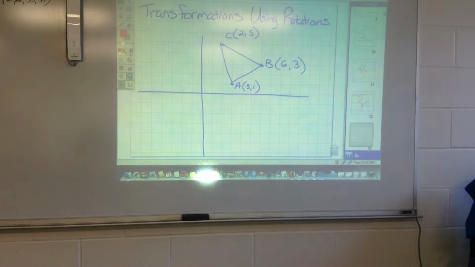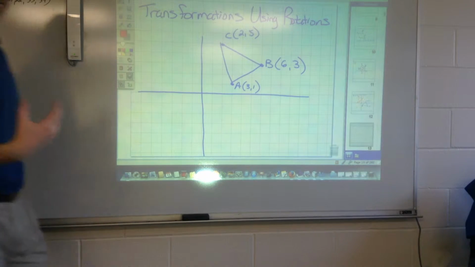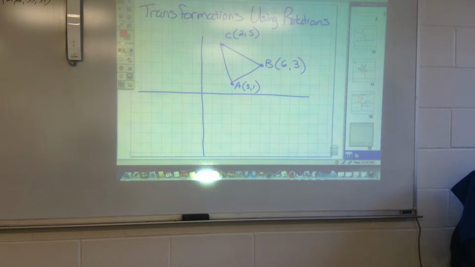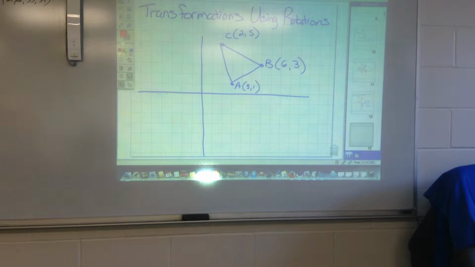So what we're going to do is rotate this object with respect to the origin.